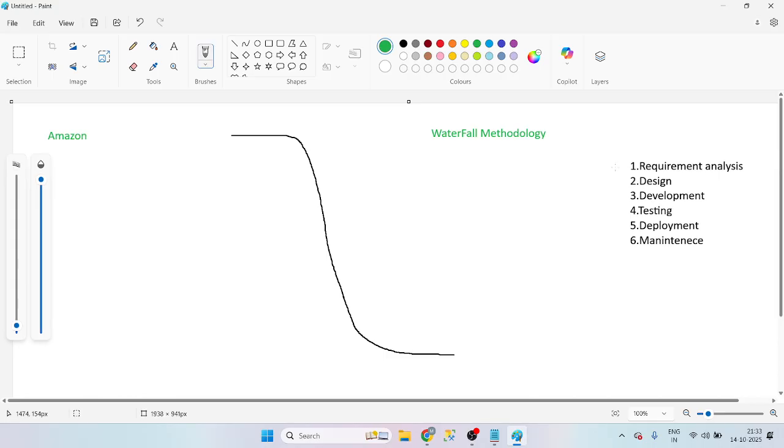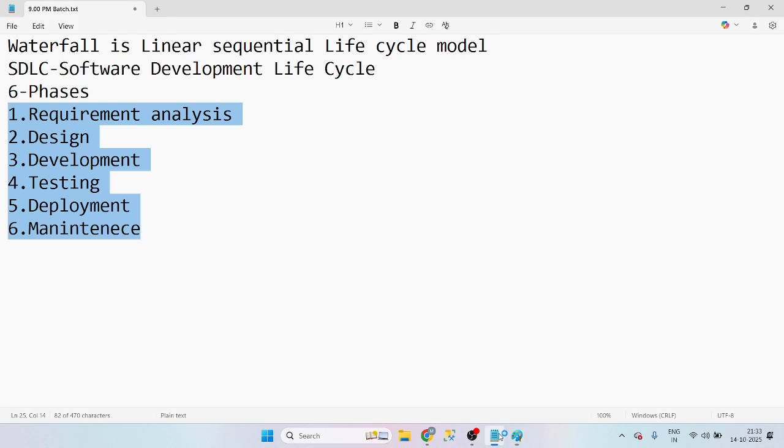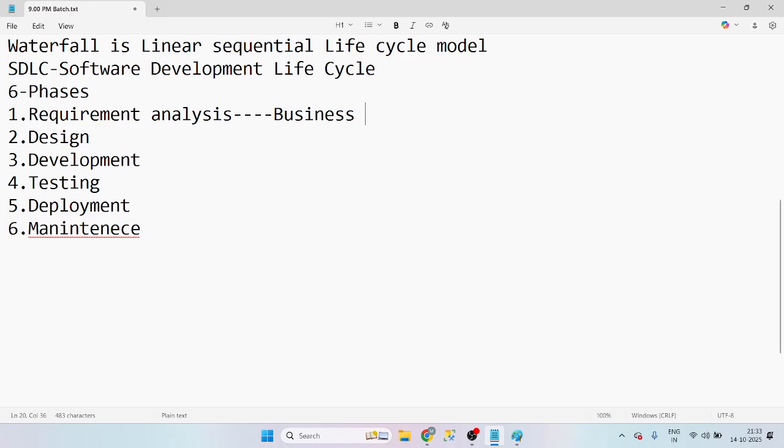So that is called the first phase. In IT, we are getting requirements from the business analyst. Business analyst will give the requirements.